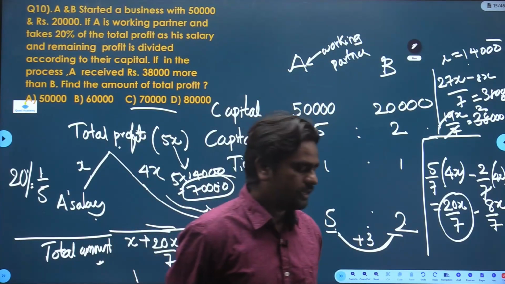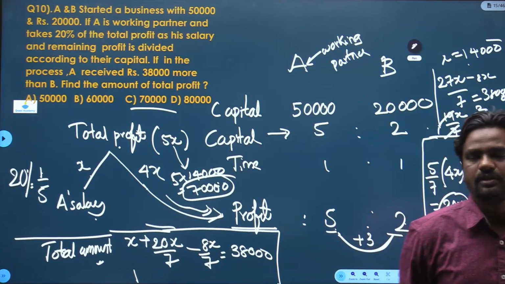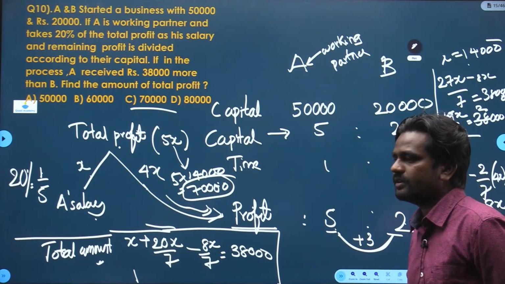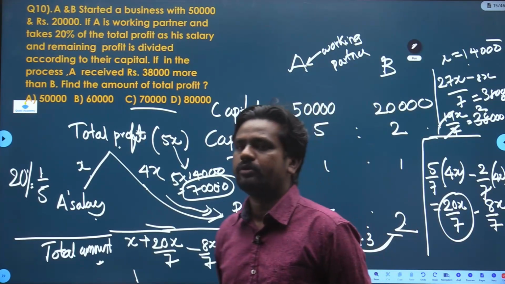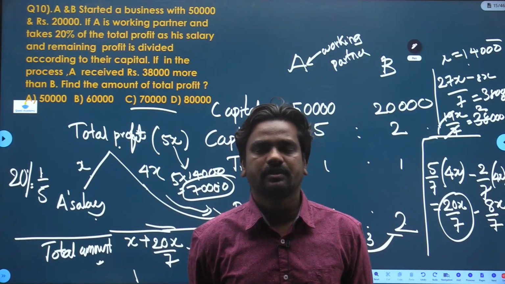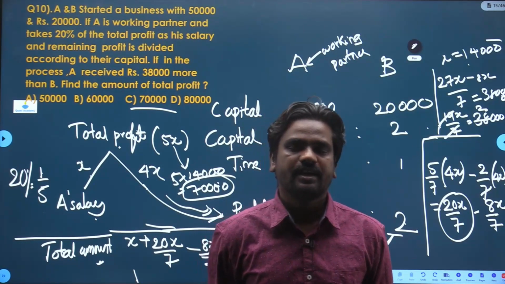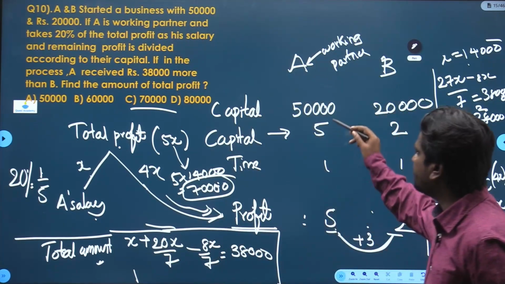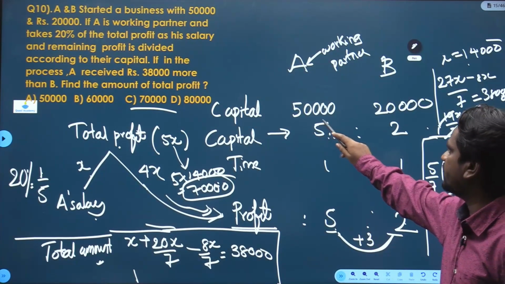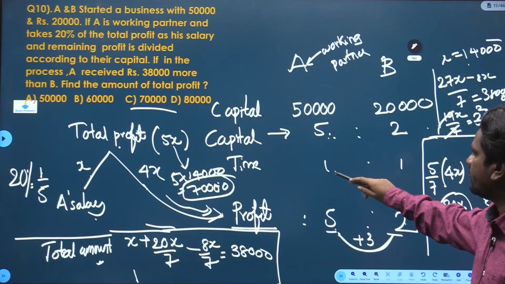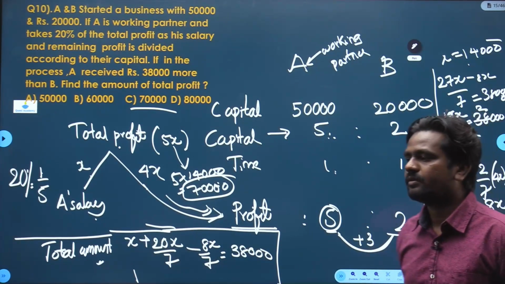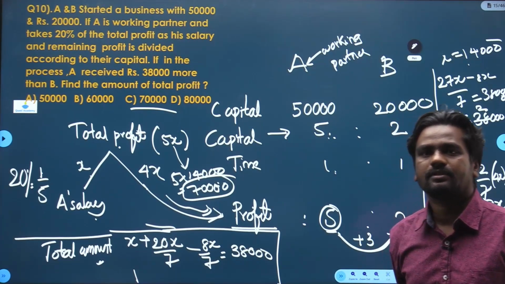What is happening here is that A is getting a double amount. One as a salary because he is a working partner, and second because he is investing the amount. As an investor with 5 units in the capital, for one year he is getting 5 units as profit because of his capital.